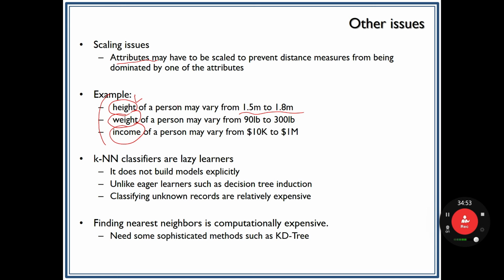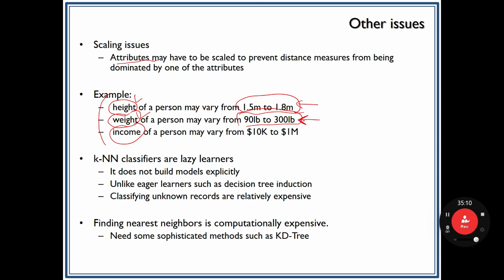But if the scale of weight in our training set is the pound, then it varies in a much bigger range, right? So the variance of this attribute is bigger than this one.